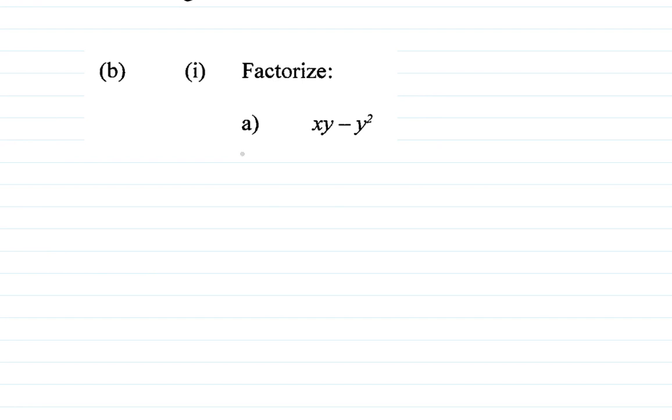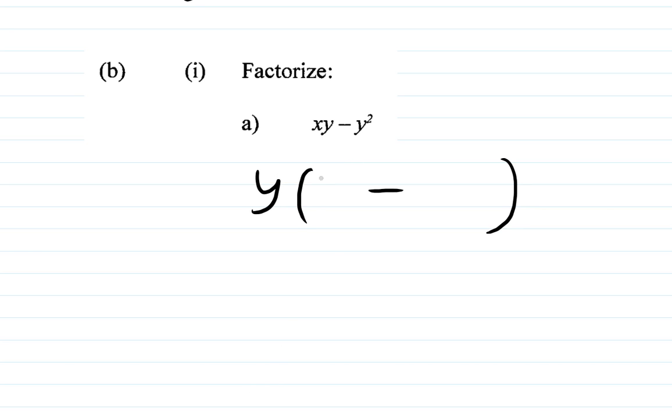So, how do you factorize? What do you get when you factorize? You take out the common factor, which is y. And then here, remember now, y times whatever is going to come here gives you xy.